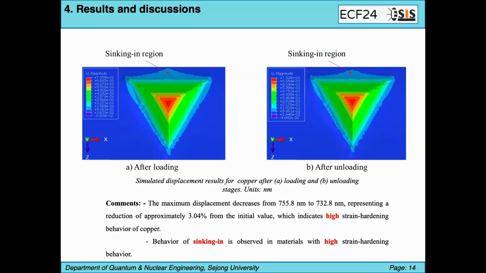Okay, and here is the simulated displacement result of copper after the loading and unloading stages. We can see that the maximum displacement decreases about 3% from the initial value, which indicates the high strain hardening behavior of copper. We also see the sinking behavior here, which is commonly observed in materials with high strain hardening behavior.